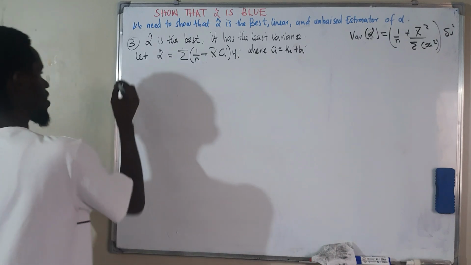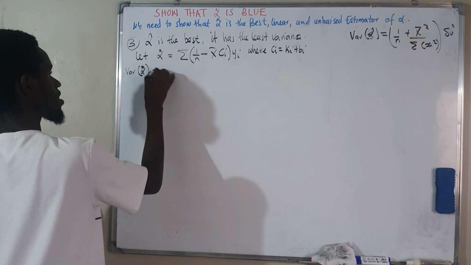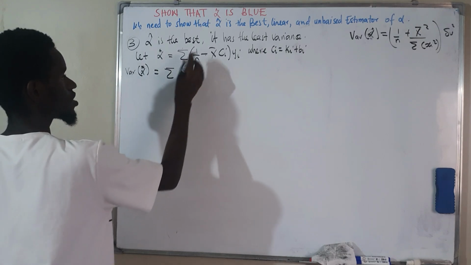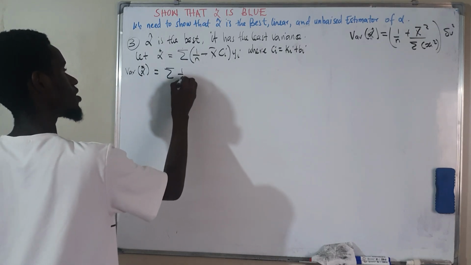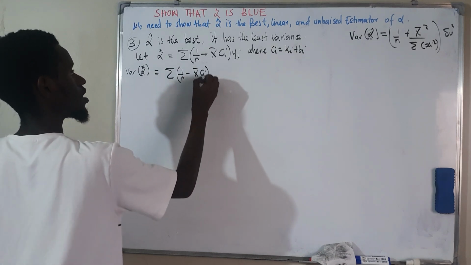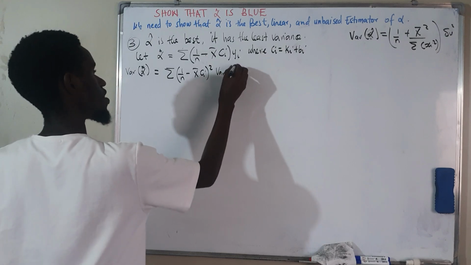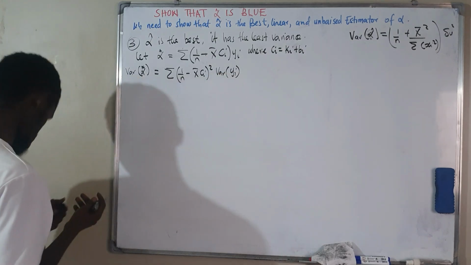Now from there, let's find the variance of alpha star. If you square this constant, 1 over n minus x bar ci, squared, then times variance of yi, and the variance of yi is the same as sigma u squared.